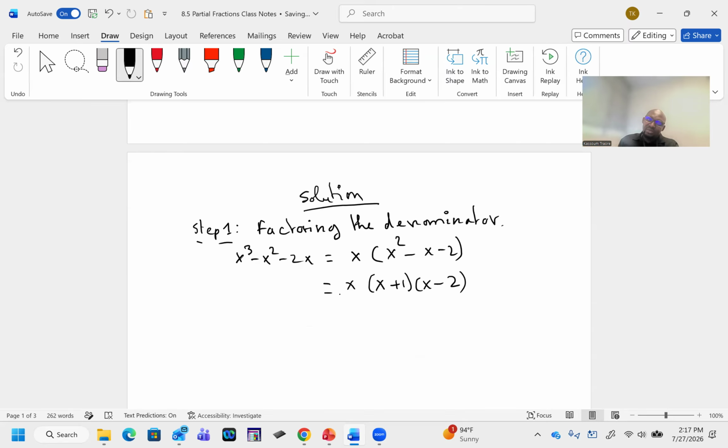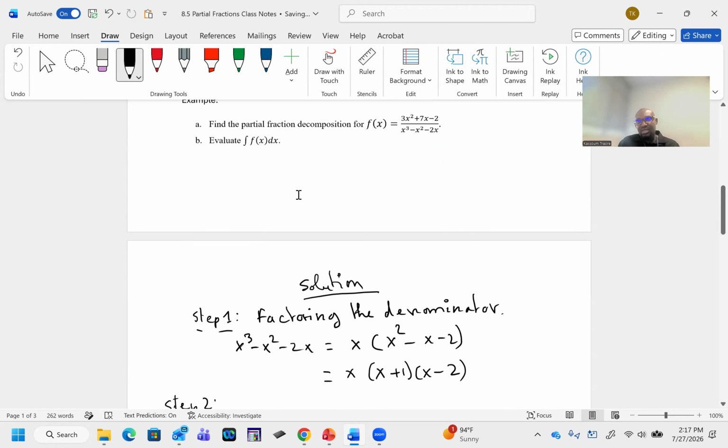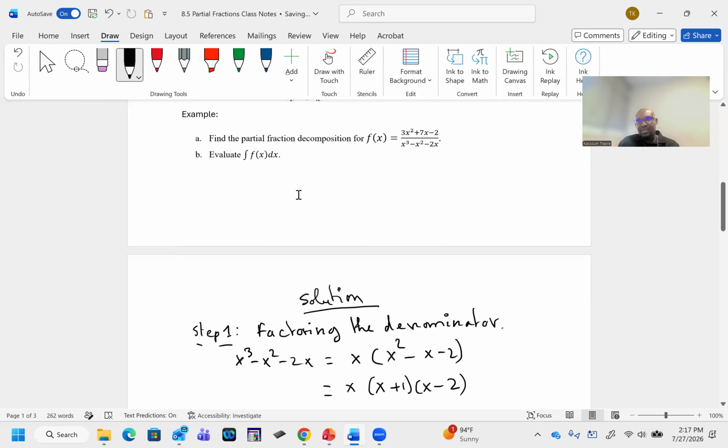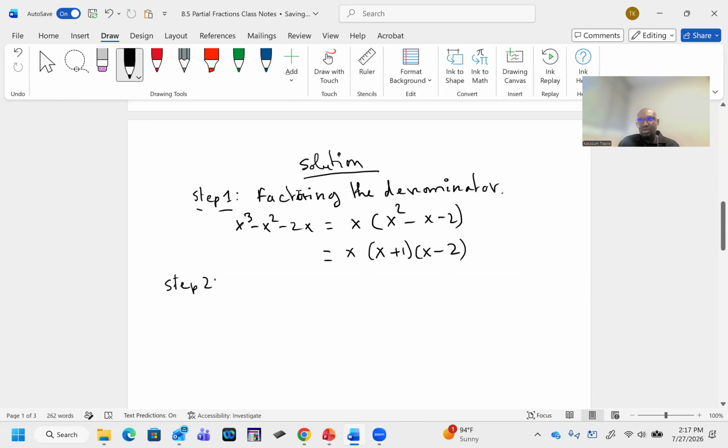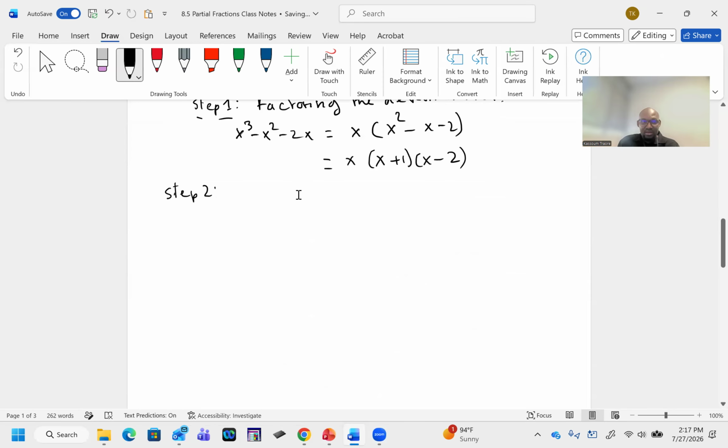And then step 2, we'll write our fraction, which is 3x squared plus 7x minus 2 divided by the denominator, which is x cubed minus x squared minus 2x.